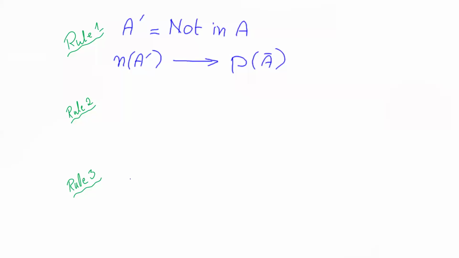Now, this is our probability and set language. So when you say A prime, it means not in A. In probability, we used to write the letter A with a bar on it. So n of A prime means the probability of A prime. So it actually means not in A. This is a symbolic language. So when you say A prime, it means the probability that A is not going to occur. We learned this concept.